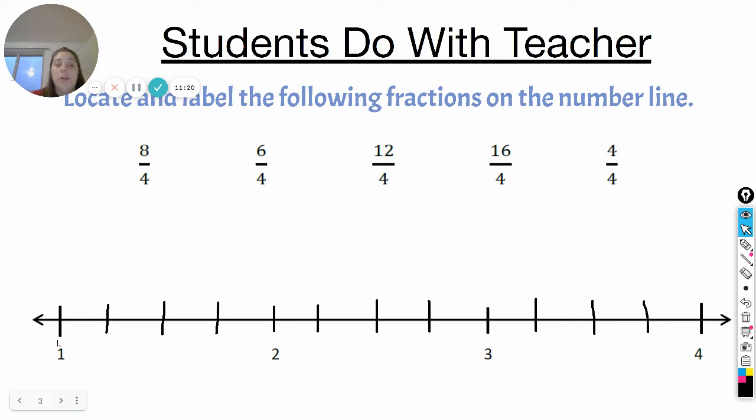Well, if you remember our little division trick, let's start with 8 divided by 4. If we count by 4s till we get to 8, 4, 8. So this is really like 2 wholes.